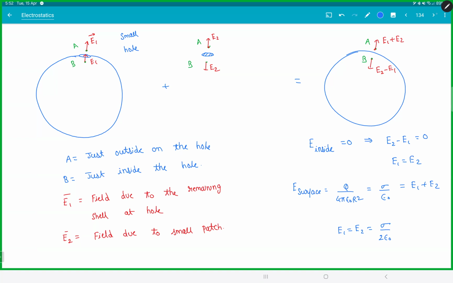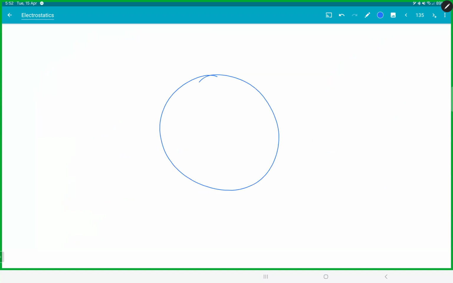Now, one mistake people make, I'll tell you. They will say the field here is E, which is Q by 4 pi epsilon r square, and Q by 4 pi r square is sigma. Then they will say the field is E directly. Why can't I just take this field directly here? The problem with this is this field is due to this small patch and also due to this guy, isn't it?